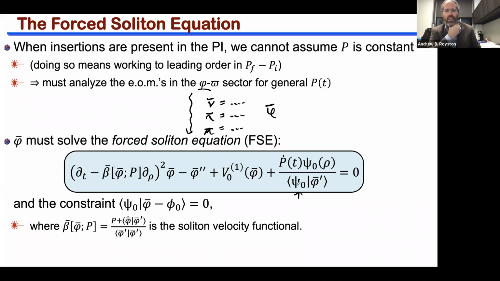You've got this forcing term, which is explicitly proportional to the derivative of the momentum. And you've also got this velocity, which is given down here. We call this the velocity functional because in the full theory, if you look at the equation of motion for the collective coordinate, it literally is the velocity functional.